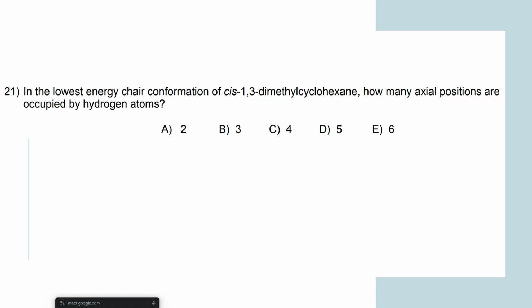In this case, you have to note that both the methyl substituents are in the 1,3 positions and they are cis. Hence, in the lowest energy conformation, both of them will occupy the equatorial positions.